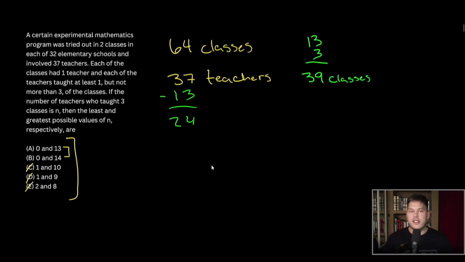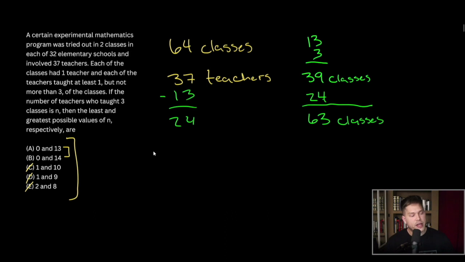Let's say each of these teachers taught just 1 class, the bare minimum. We would add 24 to this, as those 24 teachers taught 1 class. And whenever we sum this, we get a total of 63 classes. However, we're told that we have 64 classes, but that's okay.